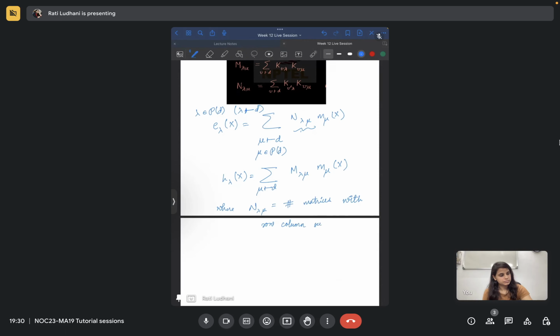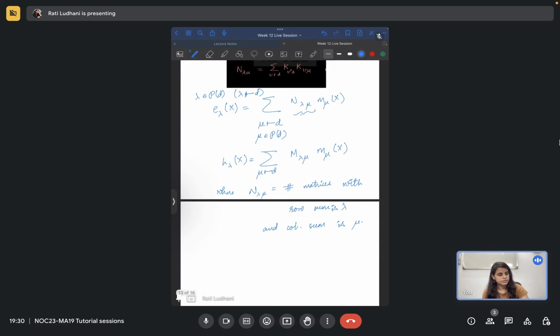So the row sum is lambda and the column sum is mu, right? What we are looking for are these matrices, and the entries are from 0 and 1 for n, so I'll write it as the n 0-1 matrix.